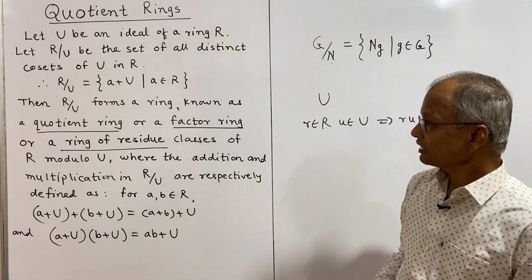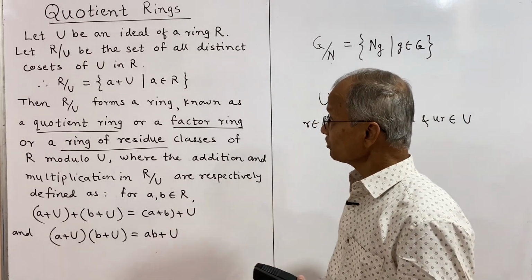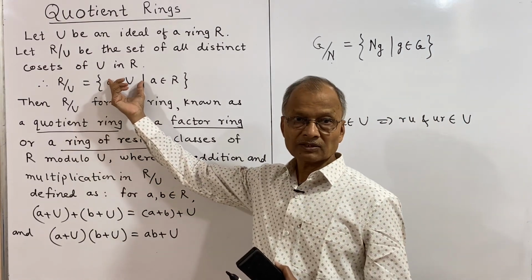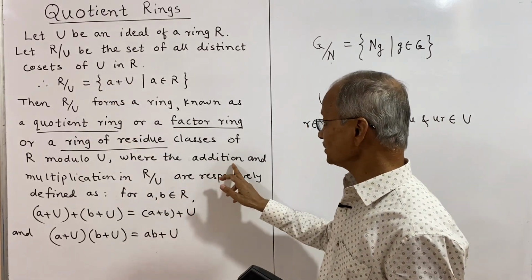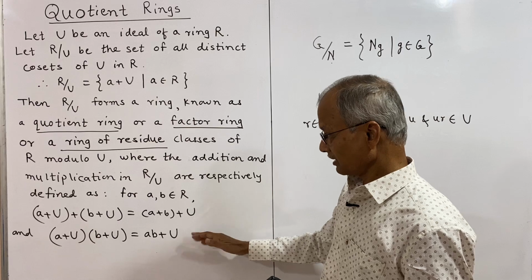So here actually what we shall first consider is to prove that this forms a ring. This set together with addition and multiplication in R/U is defined like this.